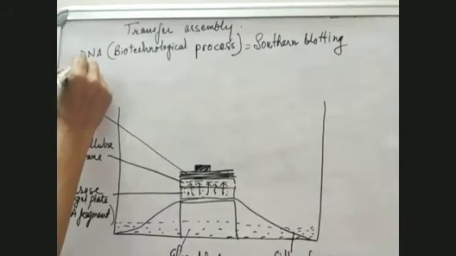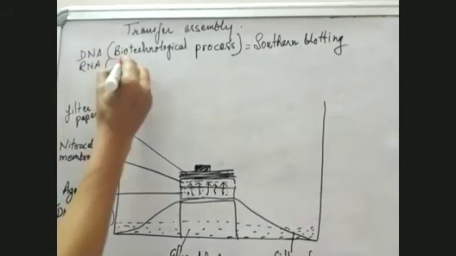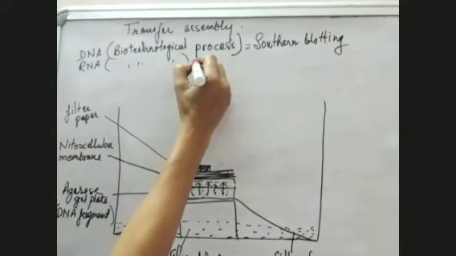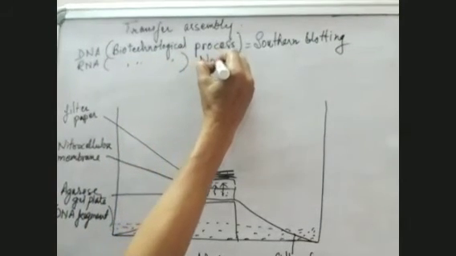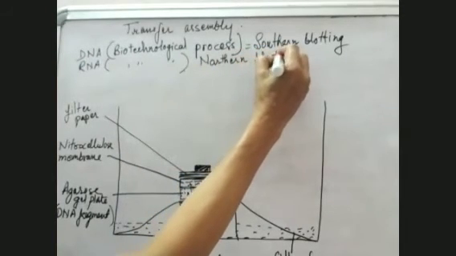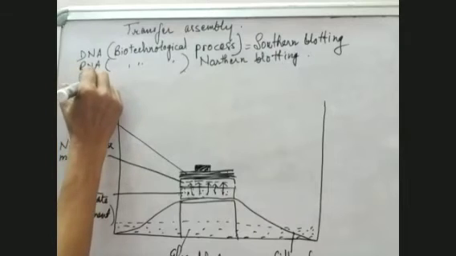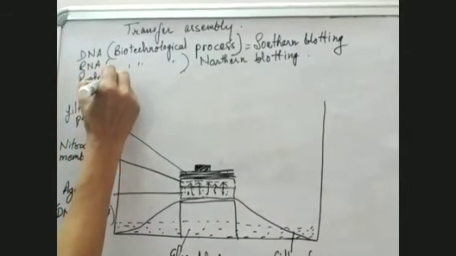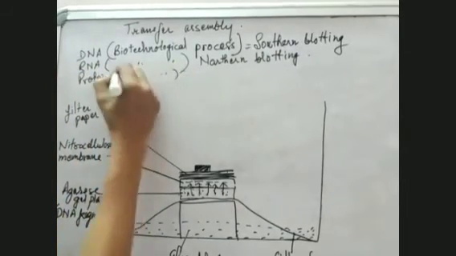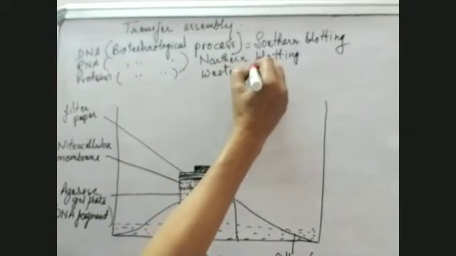If this is done in the case of RNA, we call it Northern blotting. And if this process is done for the separation of proteins, we call it Western blotting.